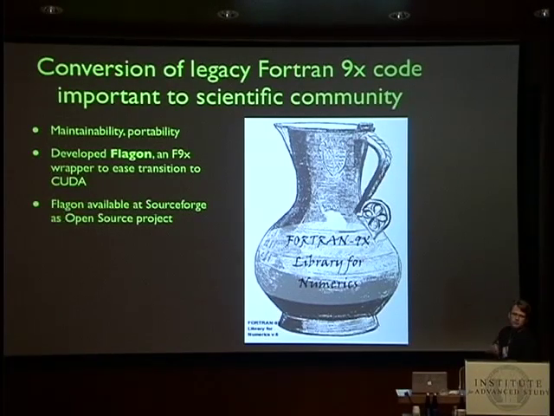We wanted to be able to move from one type of architecture to another, and we wanted to be able to take advantage of GPUs. So Nail and several students put together this Flagon, which is a layer that sits between the NVIDIA product and Fortran code that you've already written. And it's available on SourceForge. It's linked on the website.